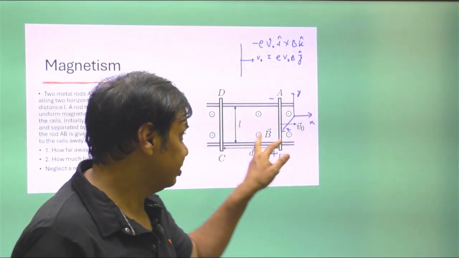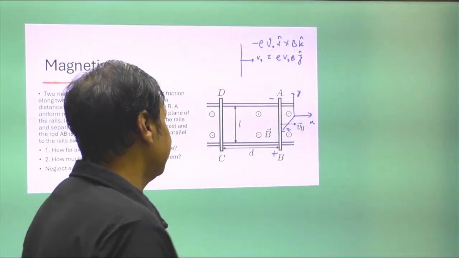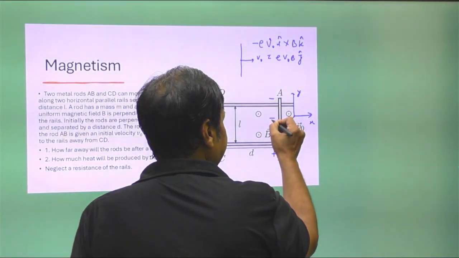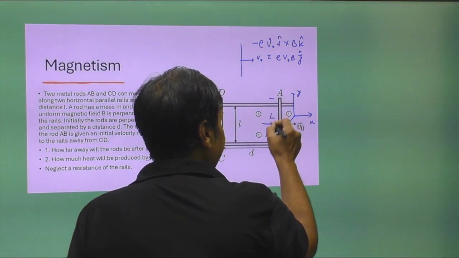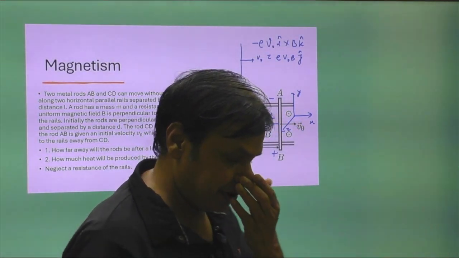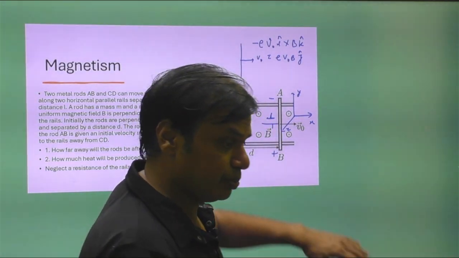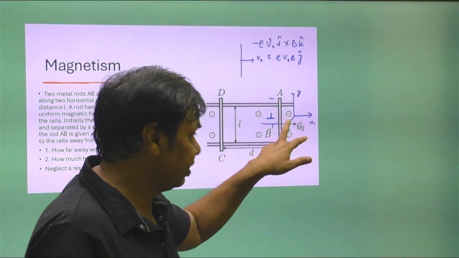And this wire becomes a battery, negative end here and positive end here. So it will act like a battery like this. This source of EMF is going to produce a current in the loop. Can you see the loop?